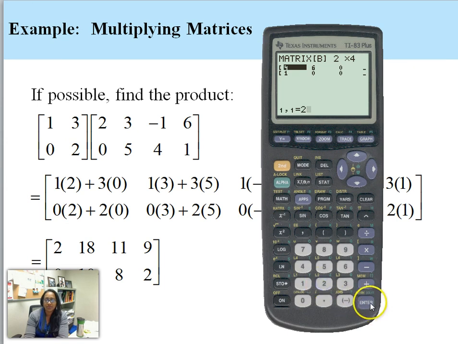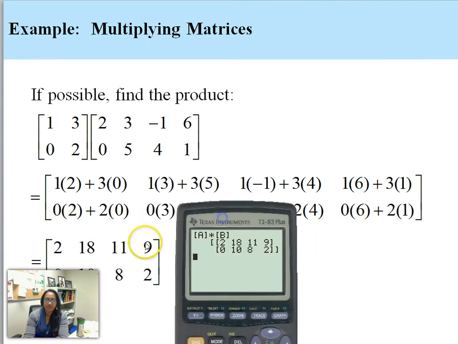All right, so the first element is 2 and 3, -1, 6, enter, 0, enter, 5, enter, 4, enter, 1, enter. All right, now let's go ahead and multiply. So second, A times second, B and enter. Let's see if we have the same answers. 2, 18, 11, 9, 0, 10, 8, and 2.